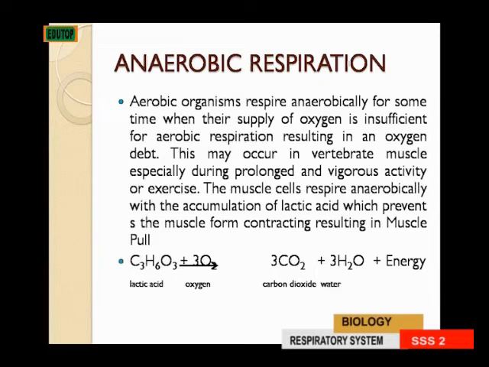We have glucose, but in this case, you see lactic acid, C3H6O3, plus 3 molecules of oxygen, which gives 3 molecules of carbon dioxide plus 3 molecules of water plus energy. So that's a representation of anaerobic respiration.